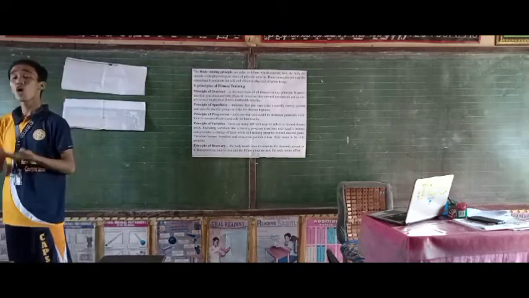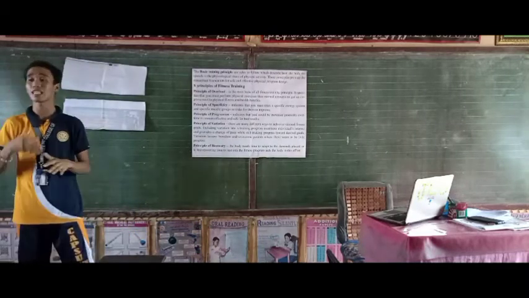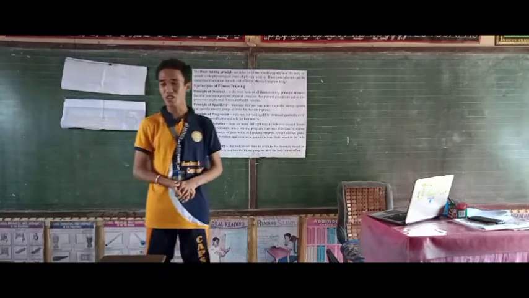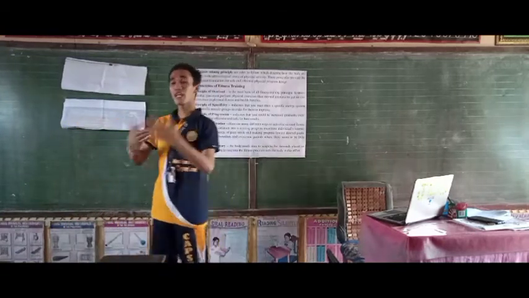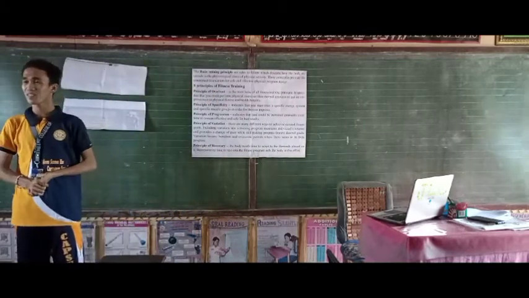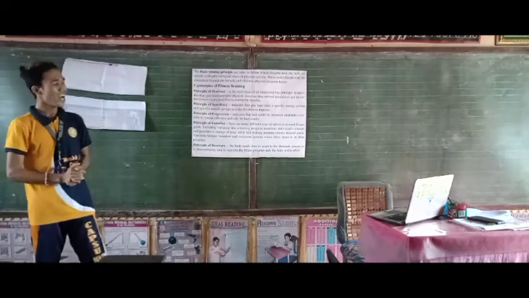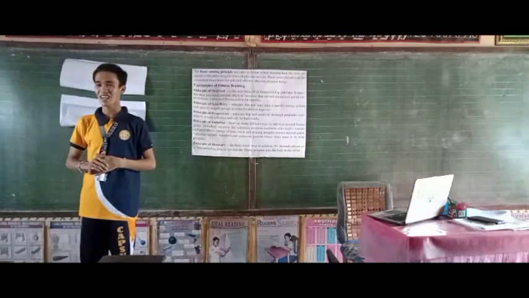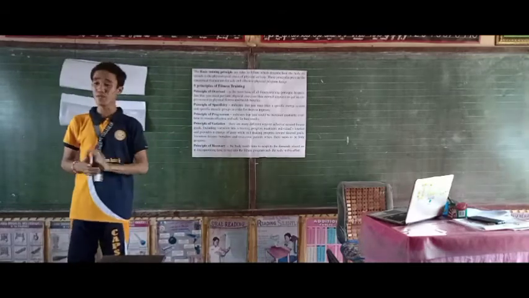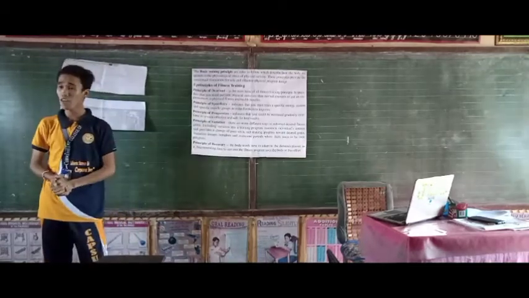Week by week class, overload can be adjusted until the desired level of fitness is attained. Do you understand? Who can give some more example about the principle of progression? Yes, Reynald. Aha, very good. Some more example, class.